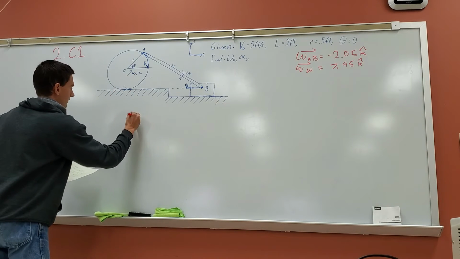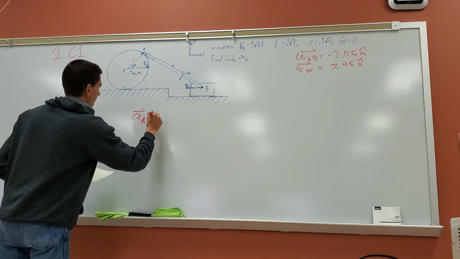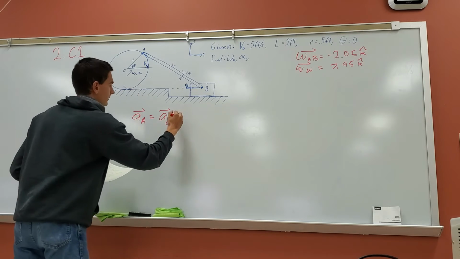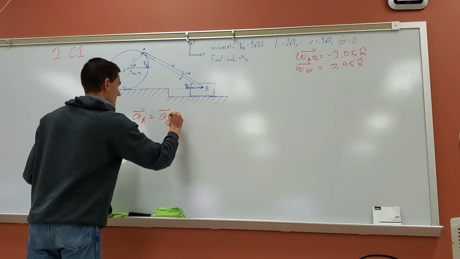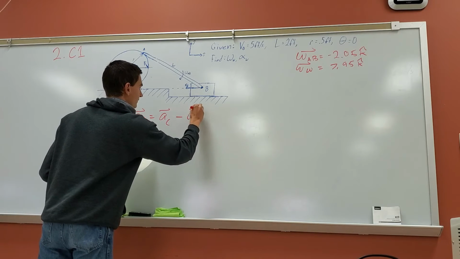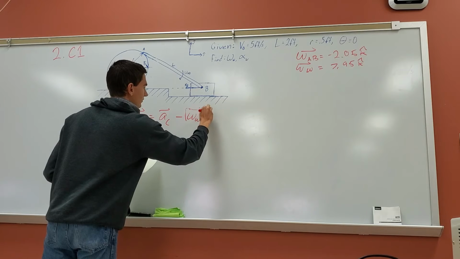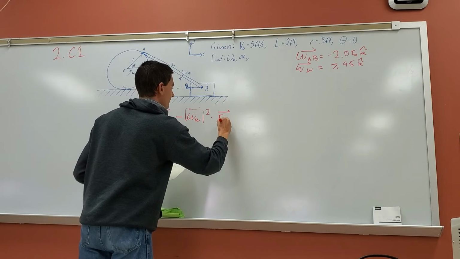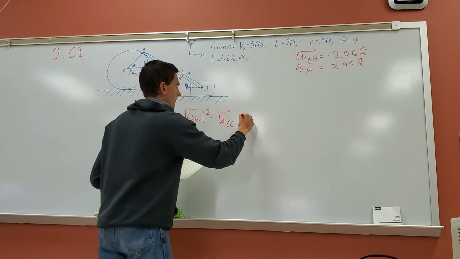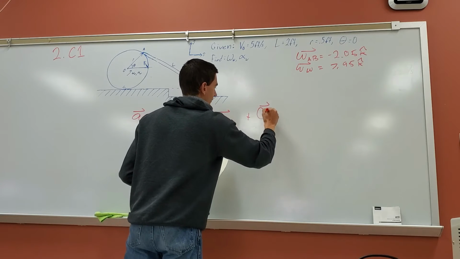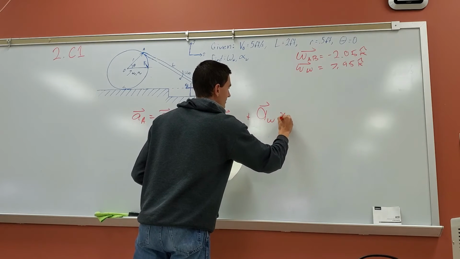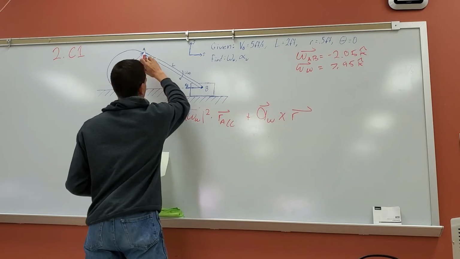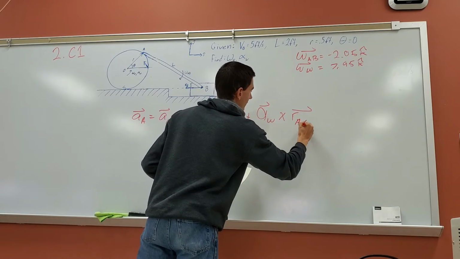So acceleration at A is equal to the acceleration at point C right here, minus omega of the wheel, magnitude, squared, multiplied by r of AC, plus the angular acceleration of the wheel crossed with the vector from point C to point A, which is RAC.